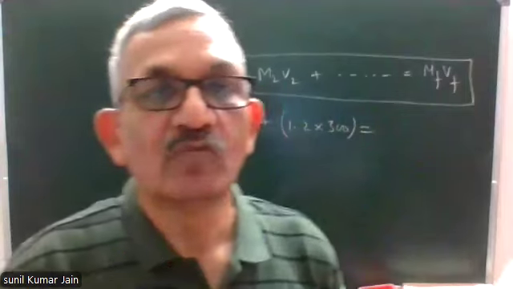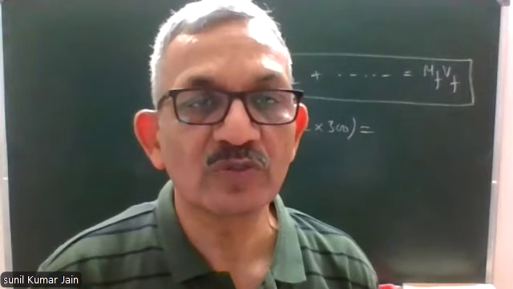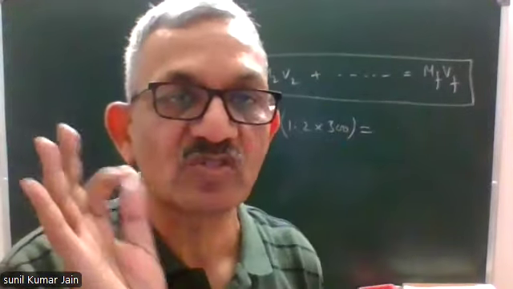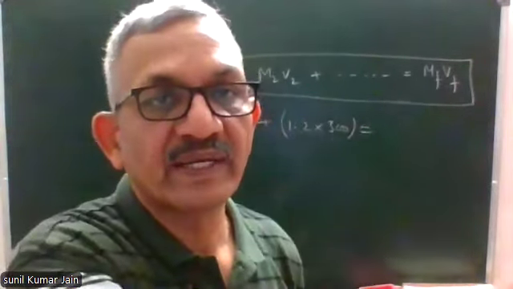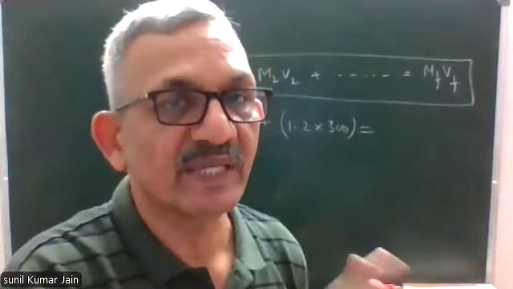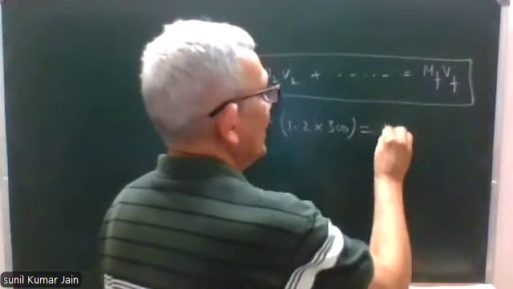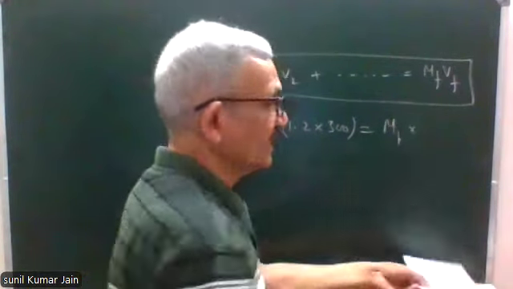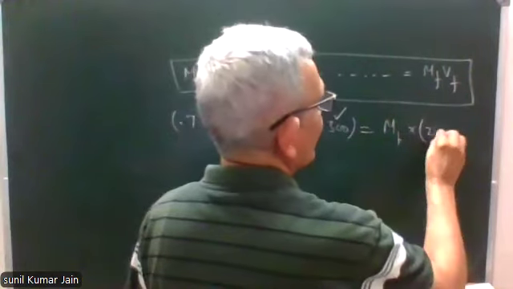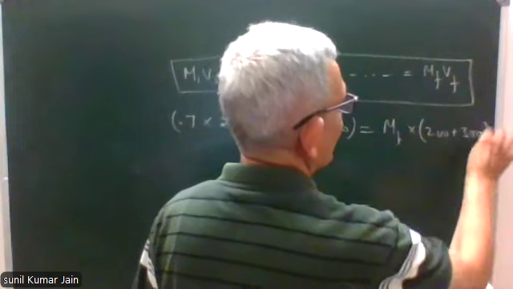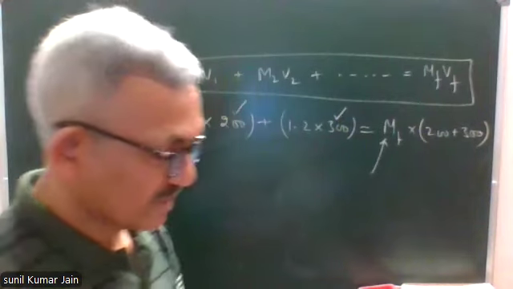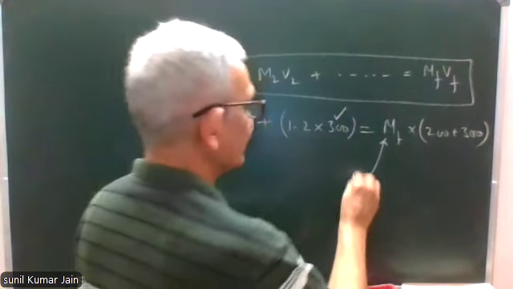Remember one thing, volume of different solutions which are mixed together, for calculation, all volumes should be in the same unit. All in liters, or all volumes in cc or milliliters, unit should be same, that you have to keep in mind. Is equal to M final we have to calculate, and final volume will be 200 plus 300, that is 500. When you calculate, answer will come out to 1 molar.